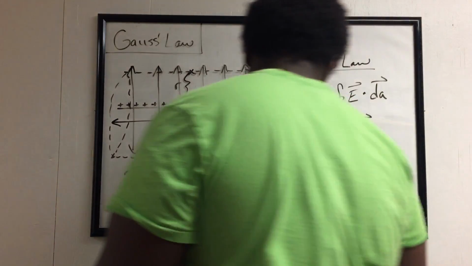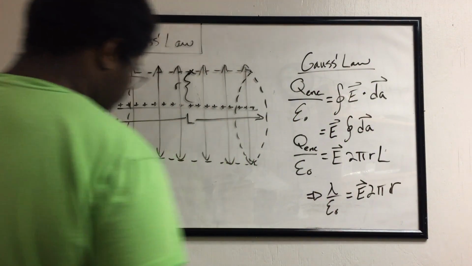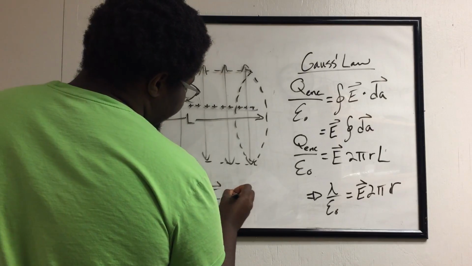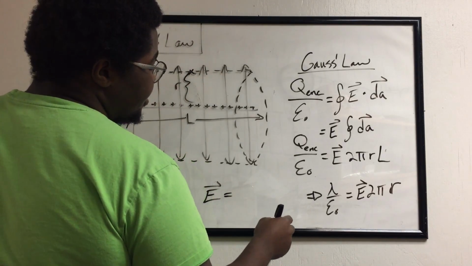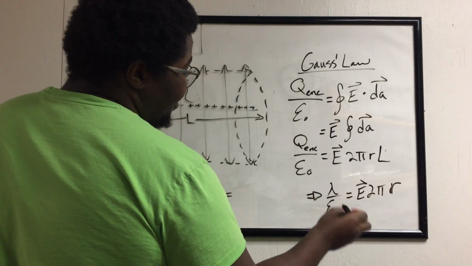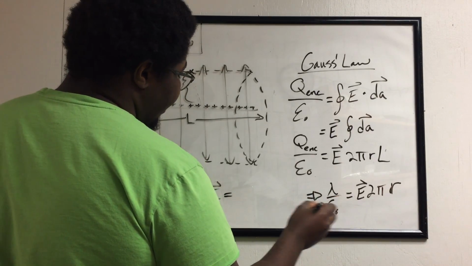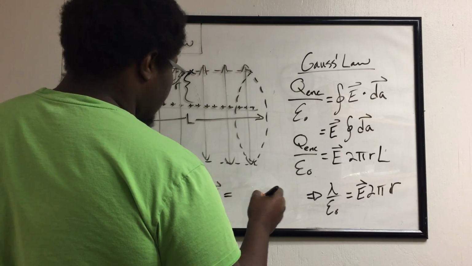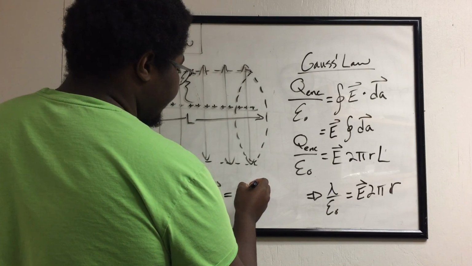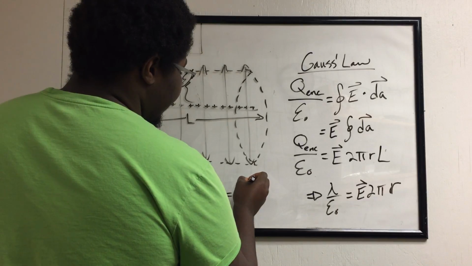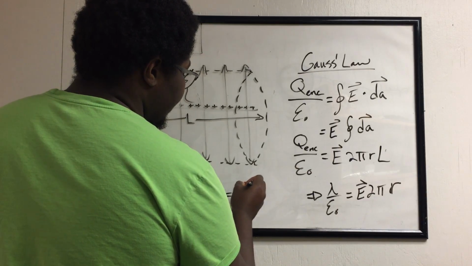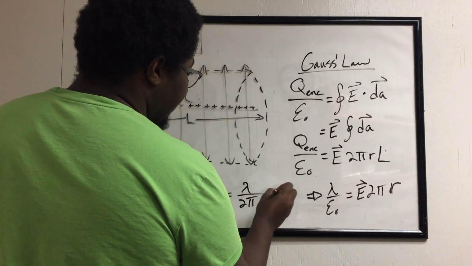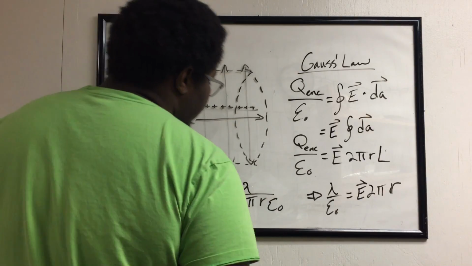So let me just make some room here. If we divide both sides by 2 pi r, we get E, the electric field, is equal to lambda over 2 pi r epsilon naught.